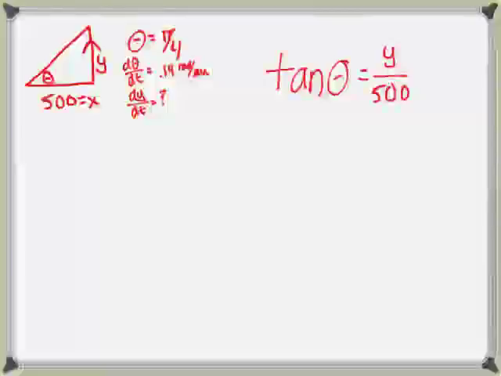So then the next step on our strategy was to take the derivative. So we're going to take the derivative of the equation in terms of time. What's the derivative of tangent? It's secant squared theta. And then for every variable, we need that d theta dt.